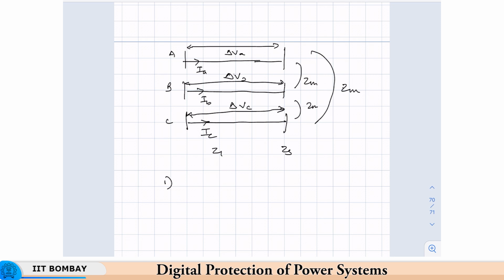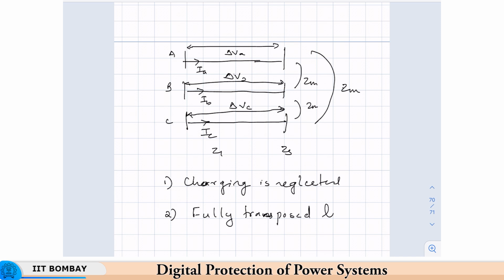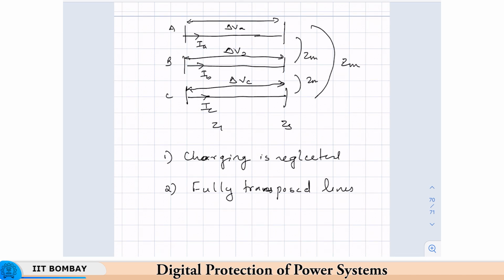So we will now proceed with our derivation. For this line here, the voltage and current equation is given by delta VA, delta VB, delta VC in matrix form, Zs, Zm.